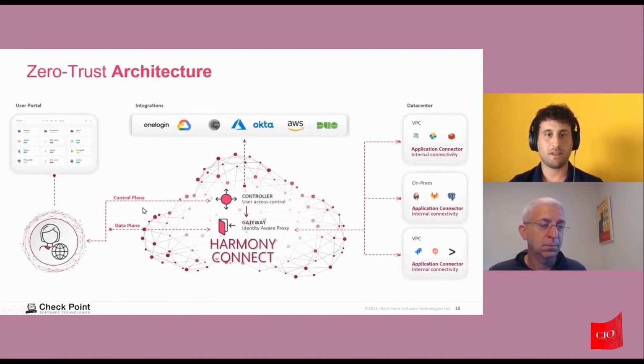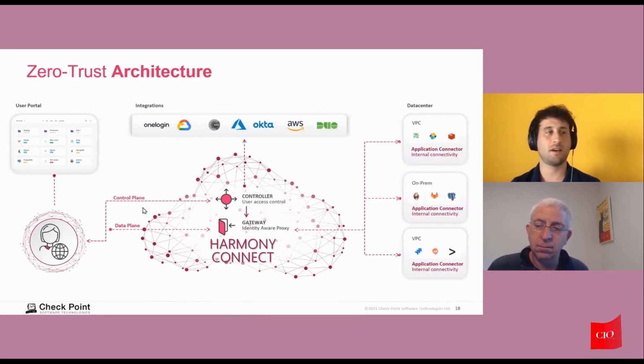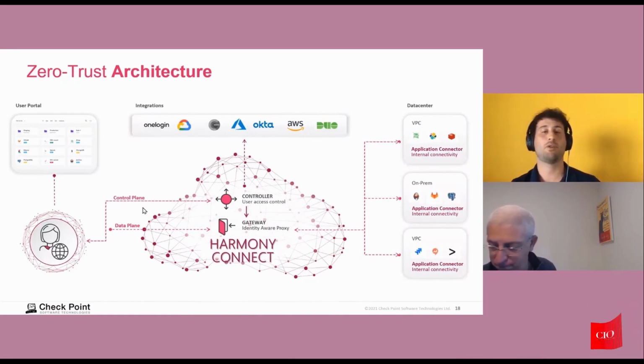Now I want to talk a bit about the architecture to give you just a glimpse of what's happening in the background. Like what Eitan showed before, our cloud service is called Harmony Connect. It is built out of a lot of different points of presence that are spread out globally.